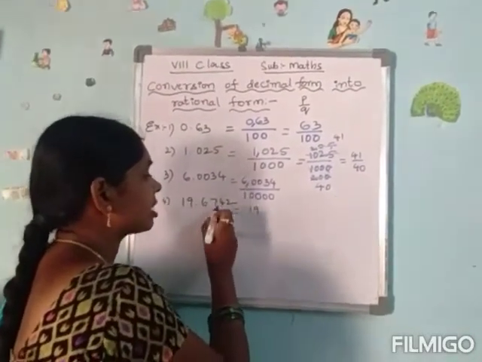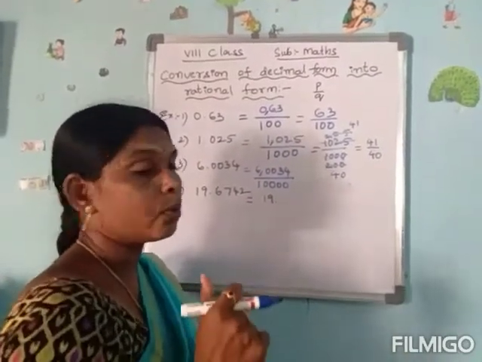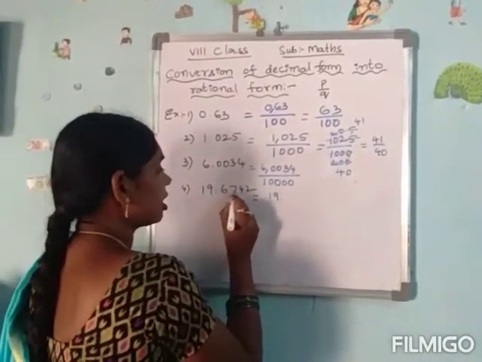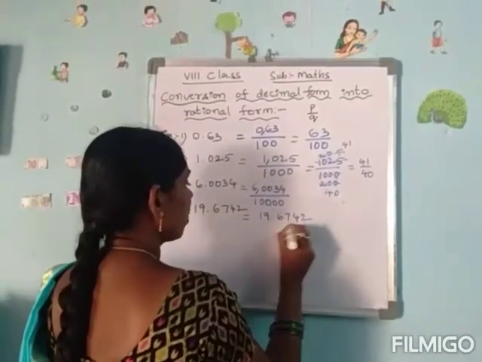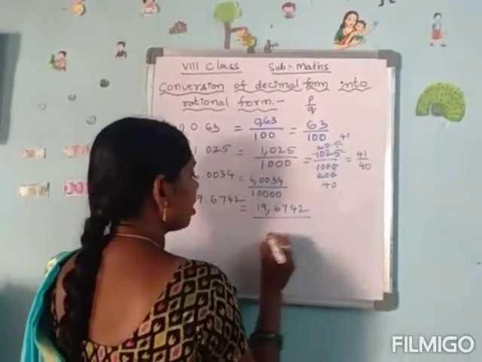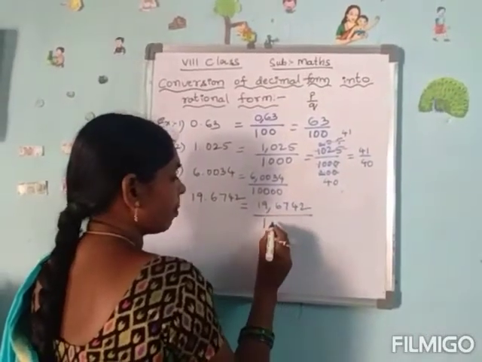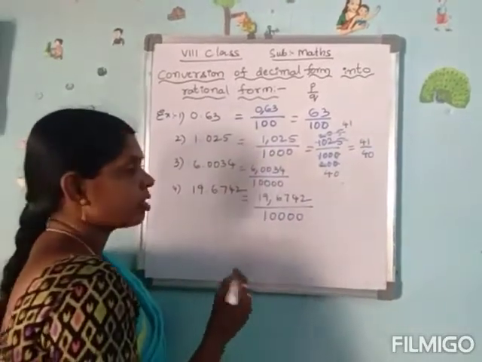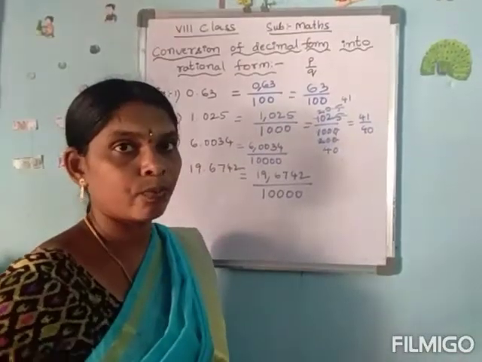We don't read it as 6742; after the point we compulsorily have to read the digits. 19.6742. We have to remove the point, and there are 1, 2, 3, 4 digits in the decimal part. So 4 zeros. Afterwards we have to write it in the simplest form.